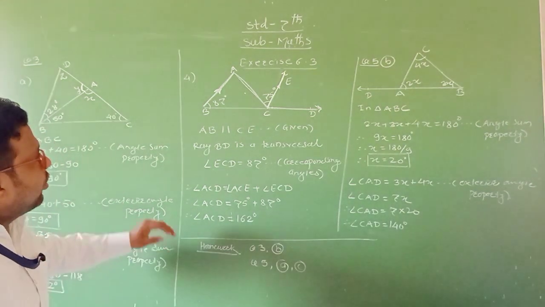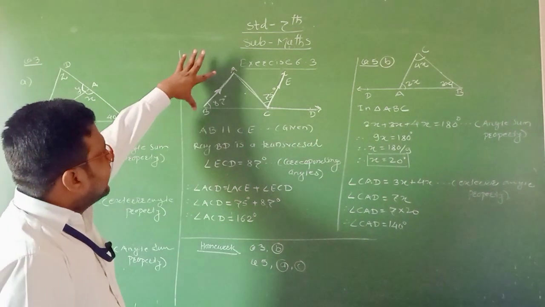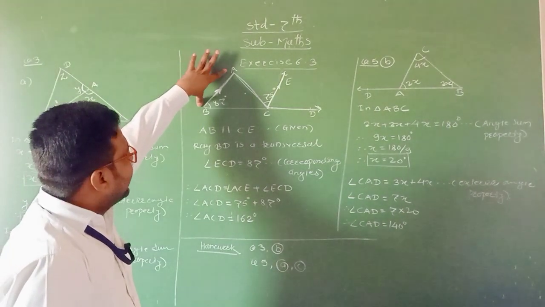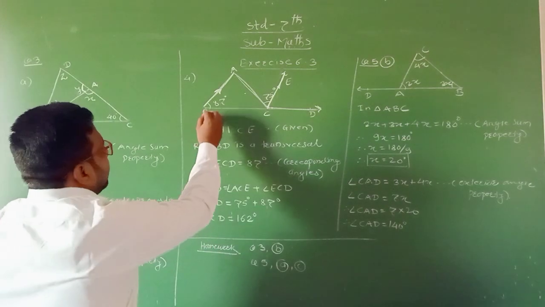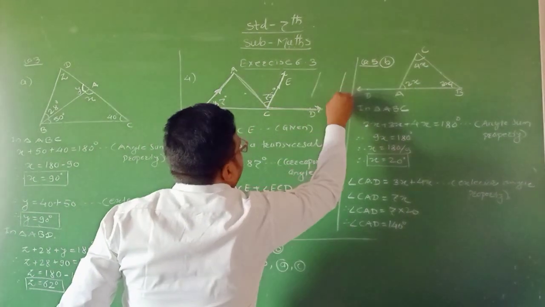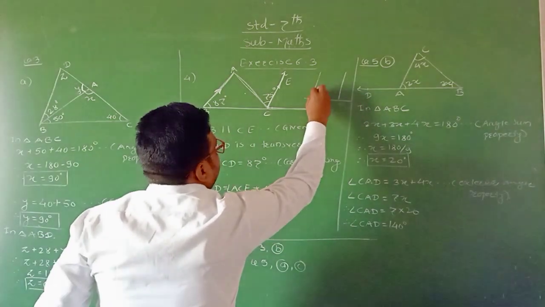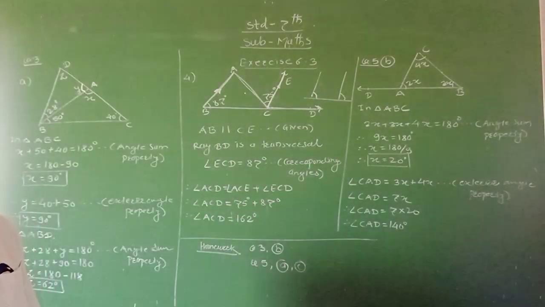Now to find the measure of angle ACD, first we take the two lines parallel, that is AB is parallel to CE, clear, and ray BD is a transversal. These two lines are parallel and this is the transversal. So we know that these two angles are equal. These are the corresponding angles.